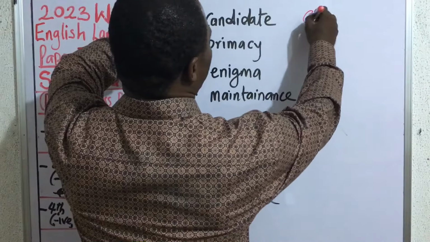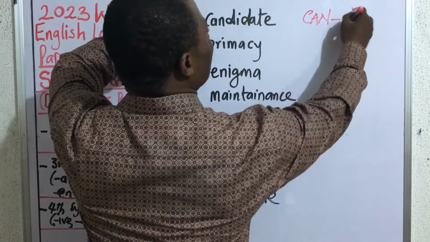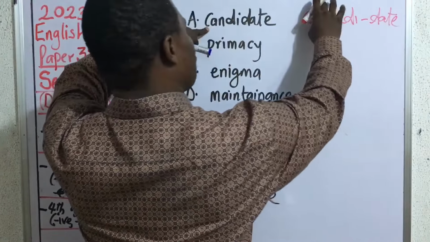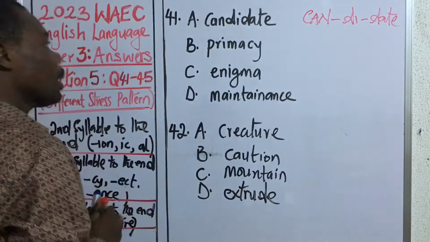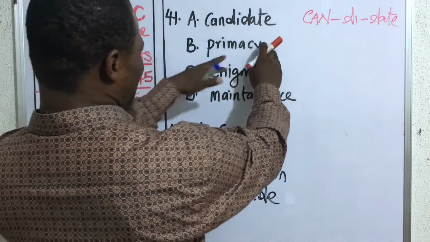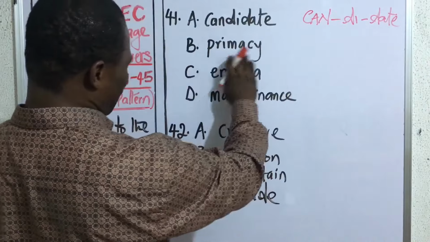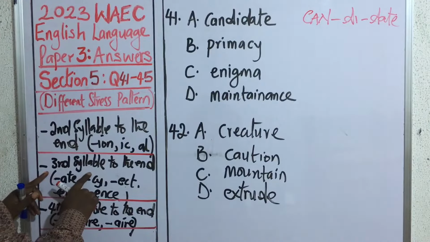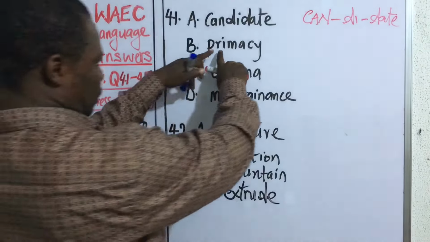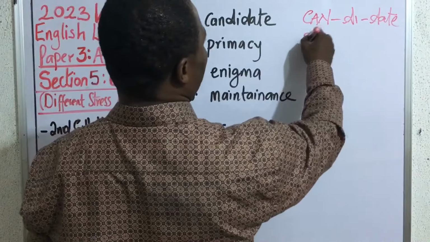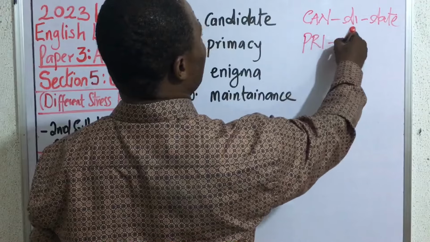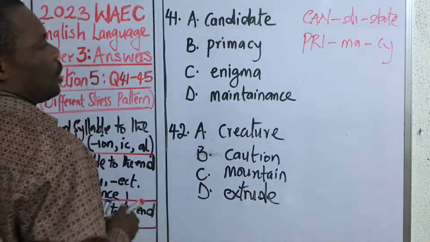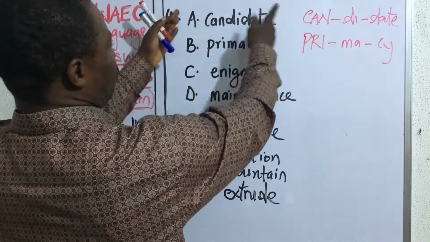So here we have can, D, date. Candidate, you stress on the first syllable. Then what about when the word ends in CY, like primacy? You check through your rules again, it's still third to the last syllable. So we have pre, and then primacy. So you can see these two words have their stress on the first syllable.